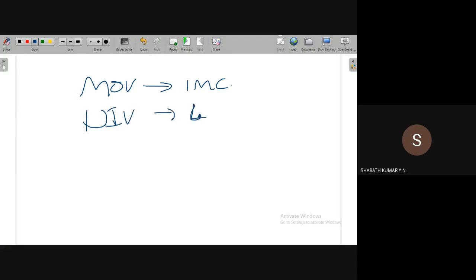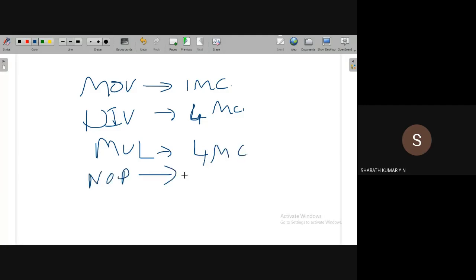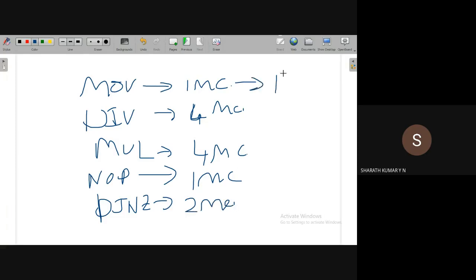Even the multiplication instruction takes 4 machine cycles, whereas NOP, no operation, takes 1 machine cycle. DJNZ, for example, takes 2 machine cycles. 1 machine cycle means 12 clock pulses. Similarly, 4 machine cycles means 48 clock pulses.